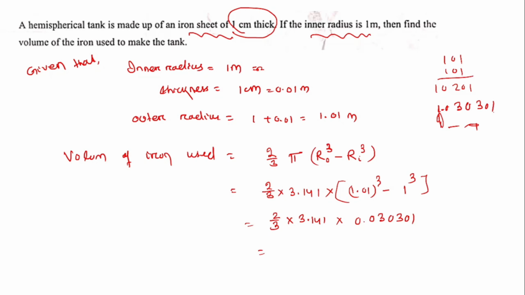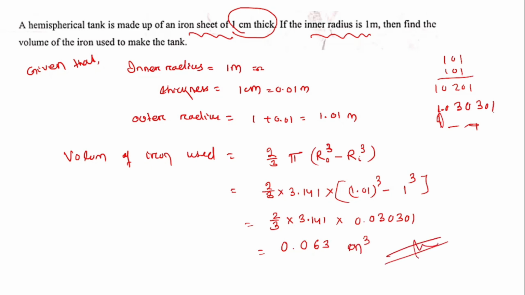So first we multiply 2 into 3.141 into 0.030301, divided by 3. The answer is 0.063 meter cube.